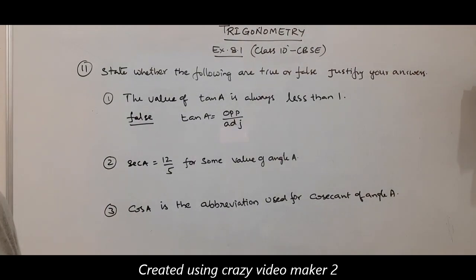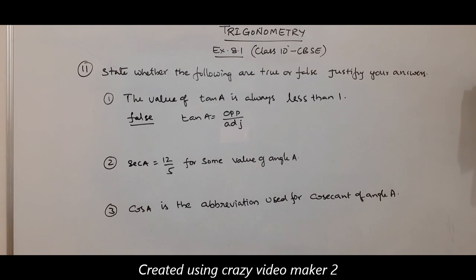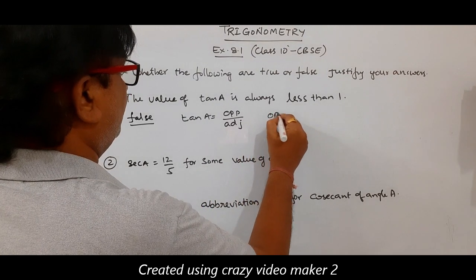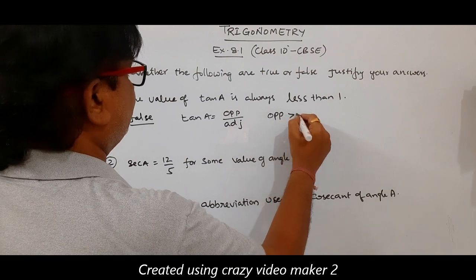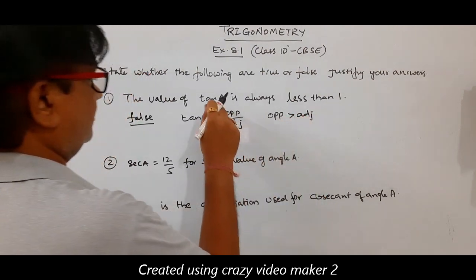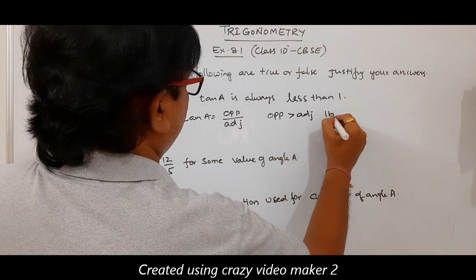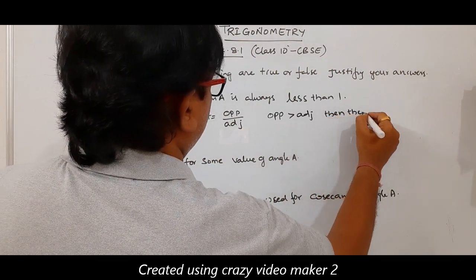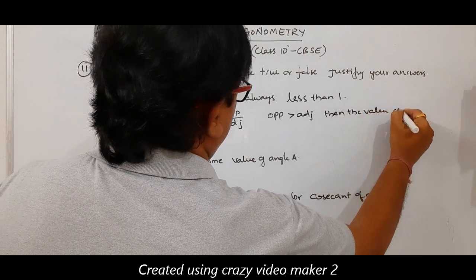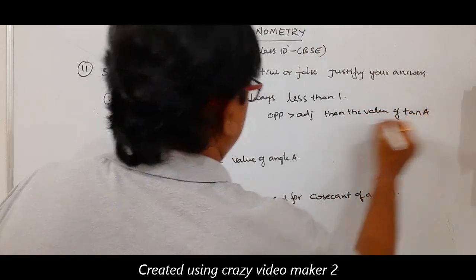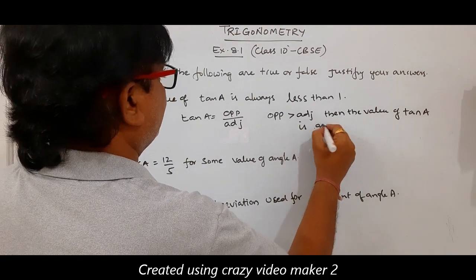In this, if the opposite side is greater than the adjacent side, then the numerator is greater than the denominator, and the value of tan A is greater than 1.